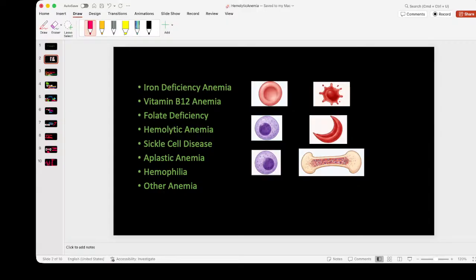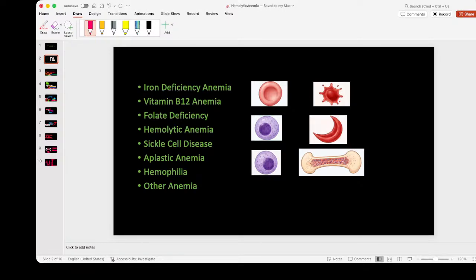But we're just going to go over some of these things to give you a little refresher on certain concepts and understanding, like the mechanism and pathophysiology, or the anatomy and physiology parts of it. Aplastic anemia and hemophilia and other anemia.